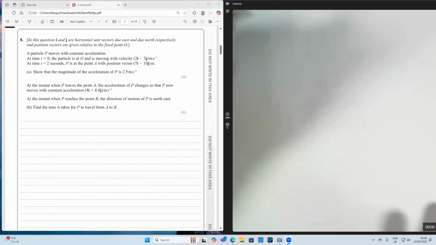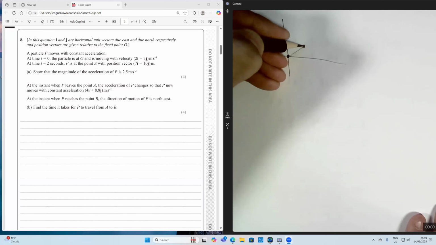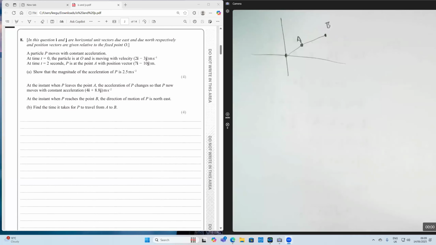Now the particle started off at the origin, it got to A, and now it's moving on to B. It says at the instant when the particle leaves the point A, the acceleration changes so that it now has a constant acceleration of 4i plus 8.8j.